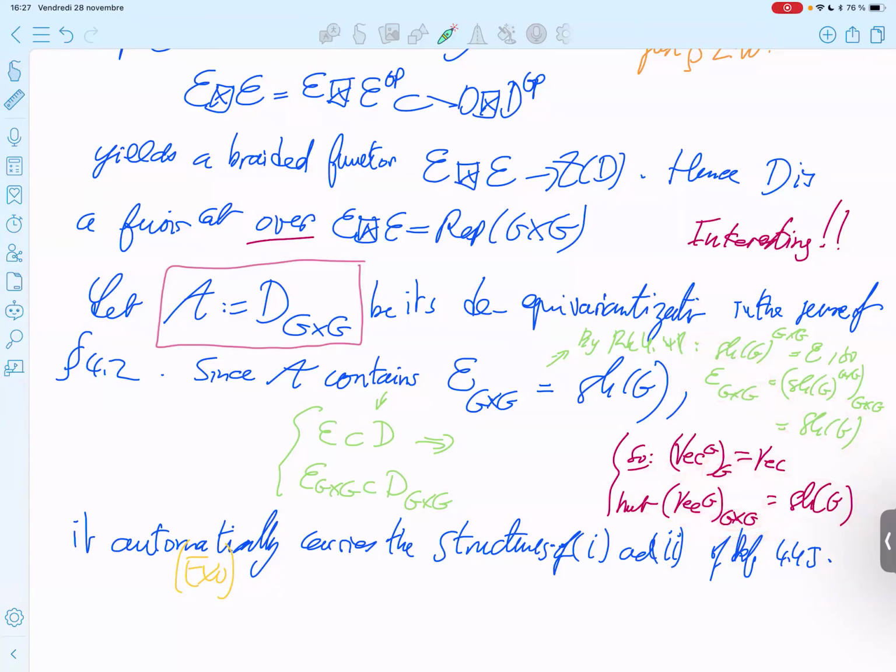So now we need the point 3 in the definition. Remember, definition 4 here. Here, we have that and that by the exercise. Now we need this relative braiding.